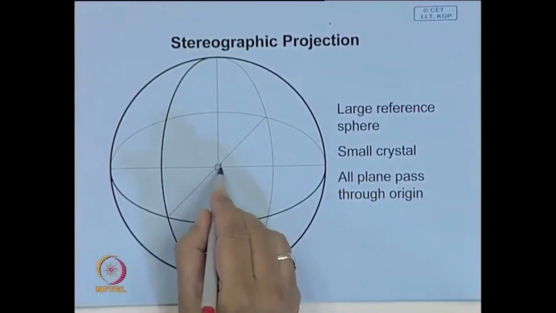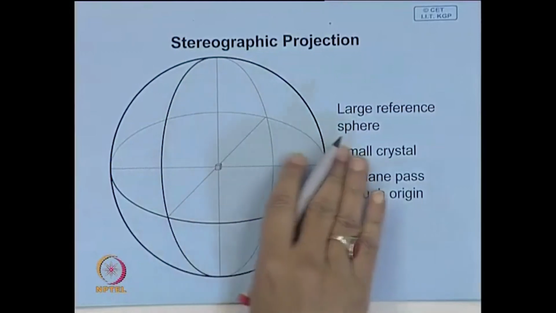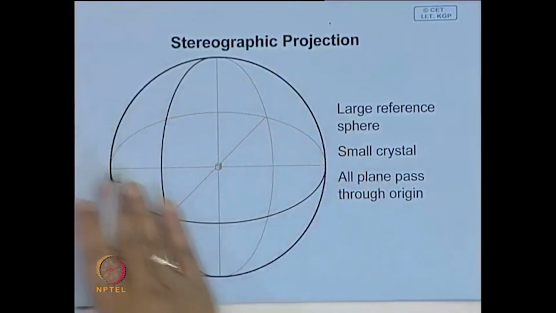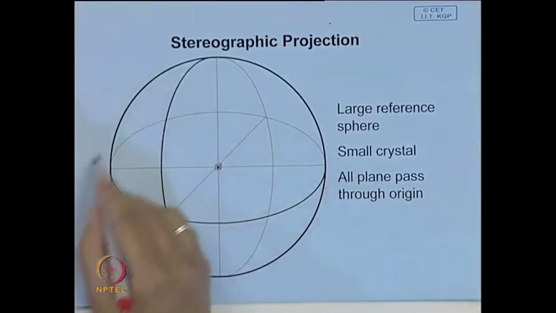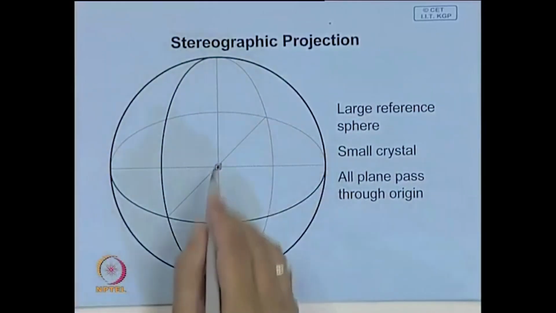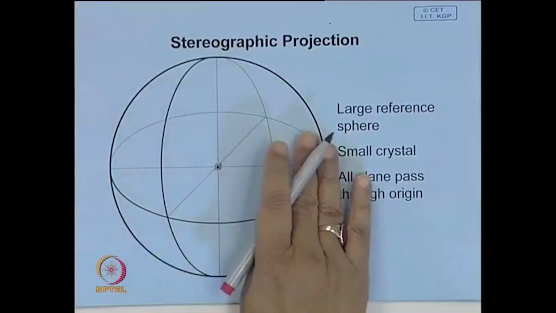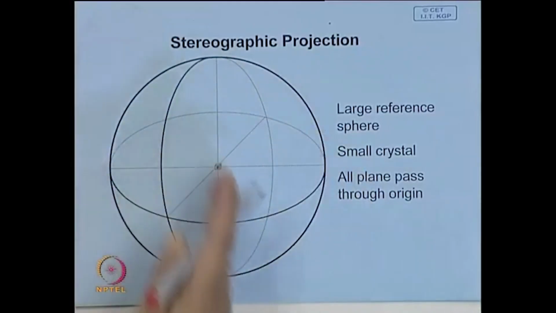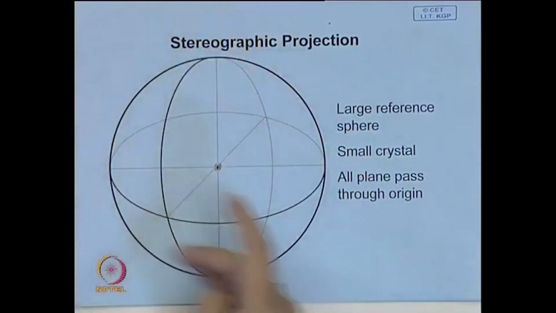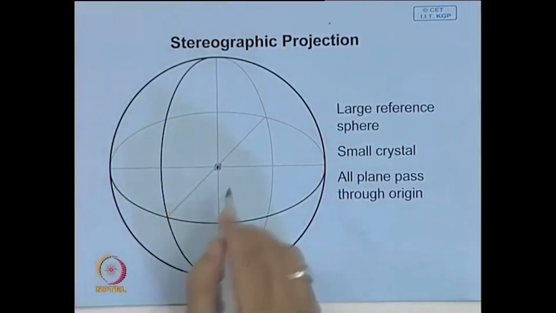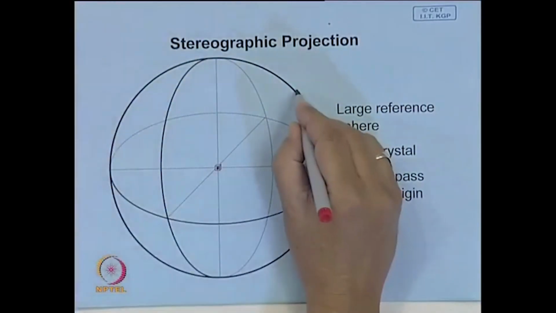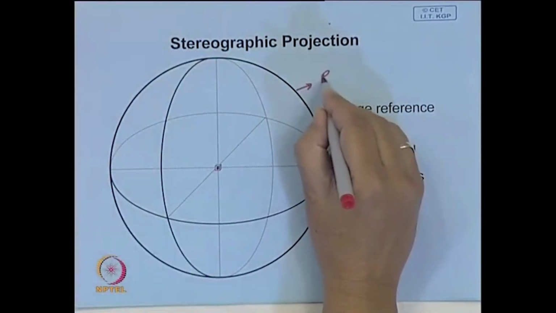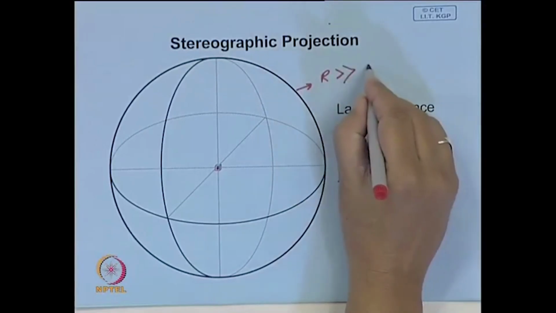What does it mean? It means that any plane that you draw in the crystal will pass through the origin. If you draw one plane, it passes through the origin. You draw a vertical plane, this also will pass through the origin. This large sphere we call the reference sphere. Its radius is much larger than the crystal.